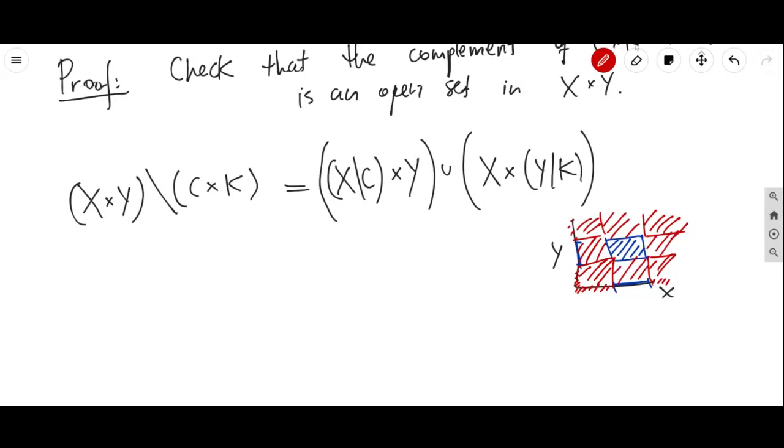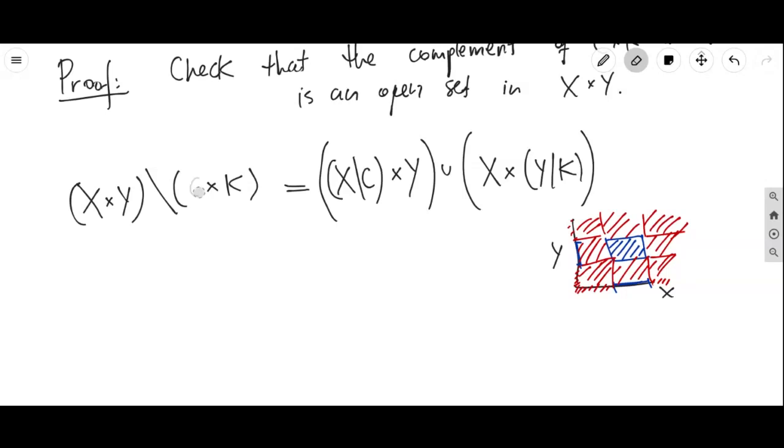So you want all of that. I'm not sure if the picture here is the most helpful thing, but what you can say is that if something is in the complement, if it's not here, then it means that either the first coordinate is missing from C, or the second coordinate is missing from K, and then we do not care about the other coordinate.